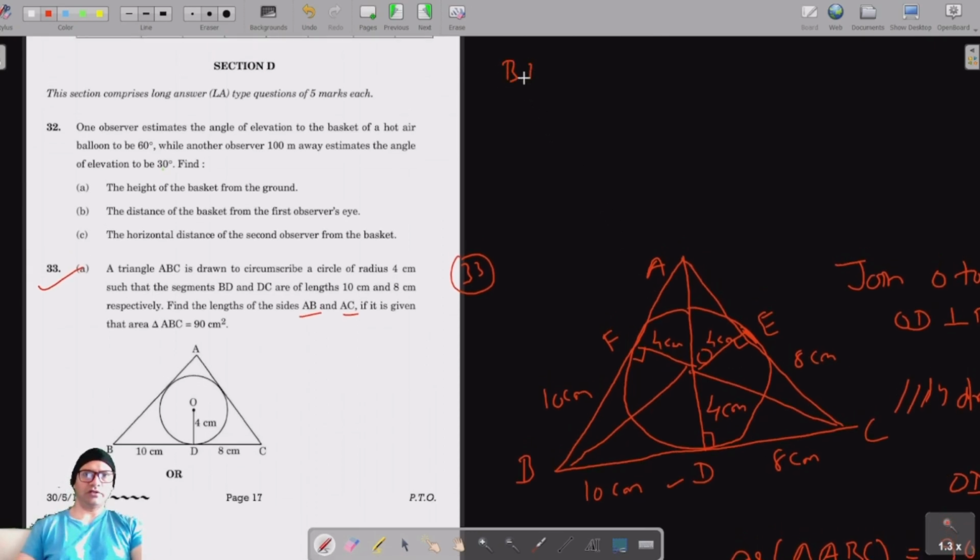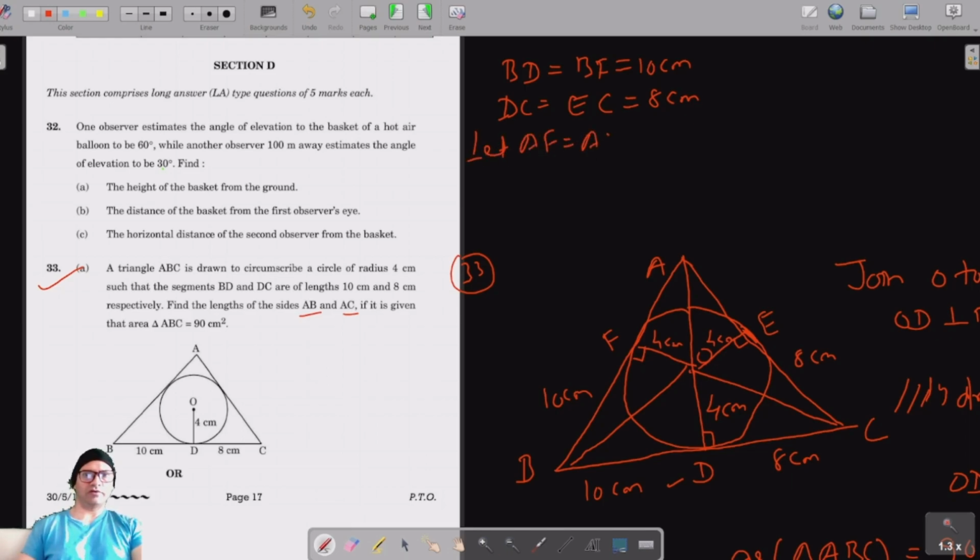So BD is equal to BF is equal to 10 centimeters, and DC is equal to CE is equal to 8 centimeters.